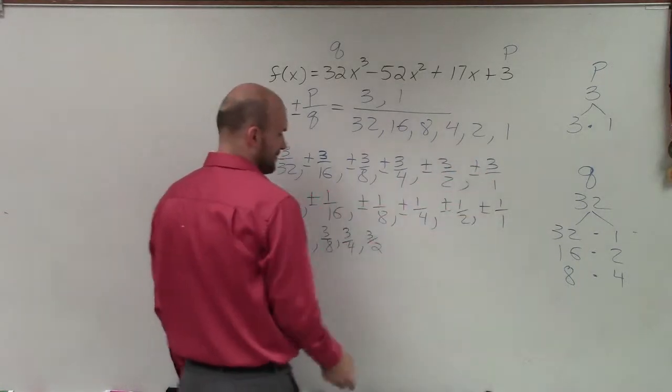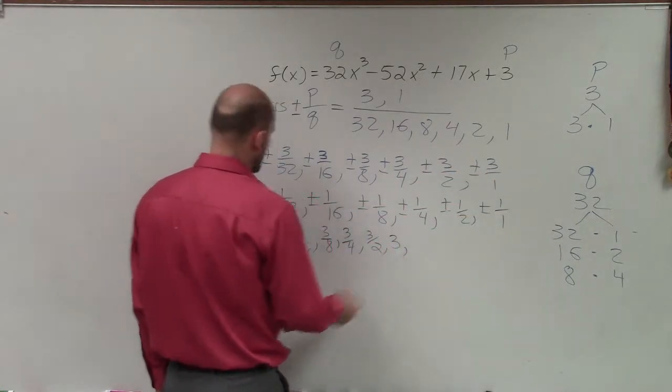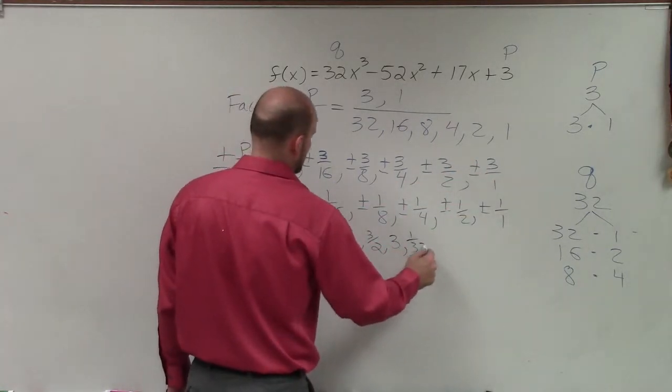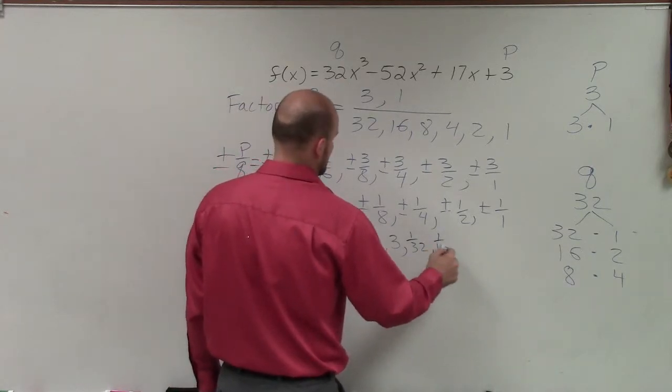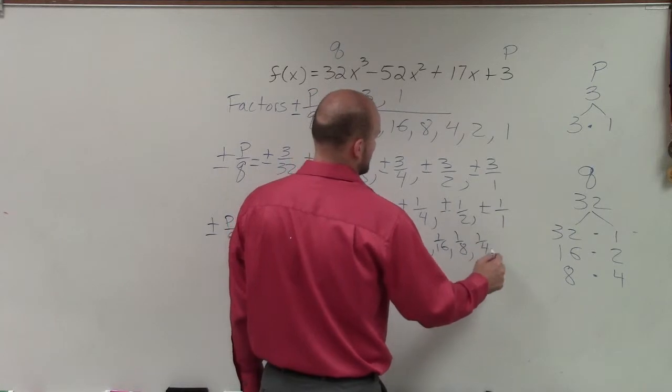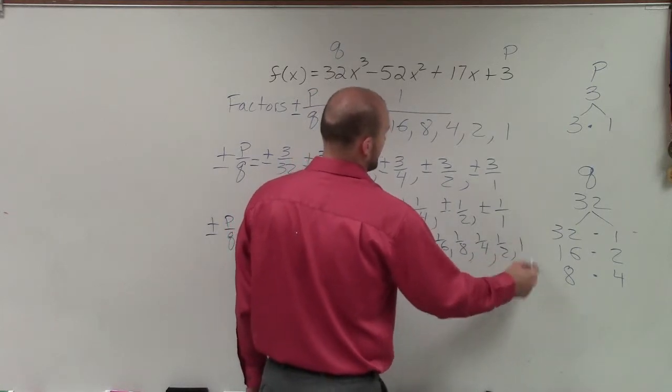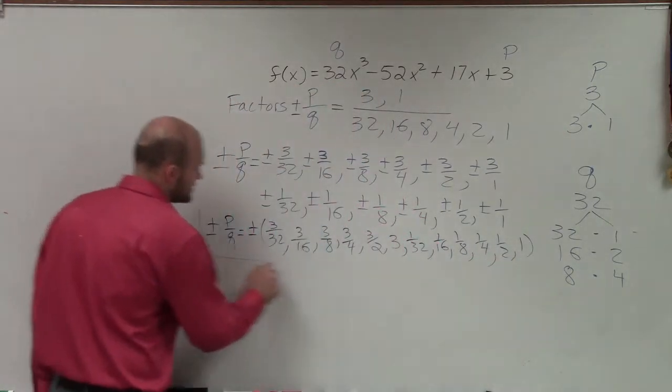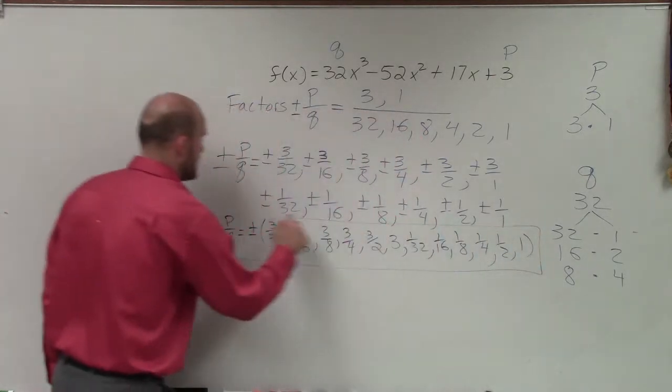I can simplify 3 over 1. That's just going to be the number 3. And then we have 1/32, 1/16, 1/8, 1/4, 1/2, and then 1. Okay? So that, ladies and gentlemen, is a list of all of your possible rational zeros.